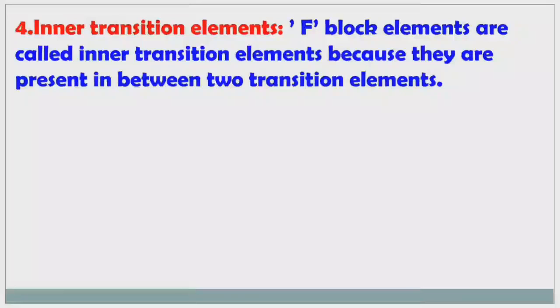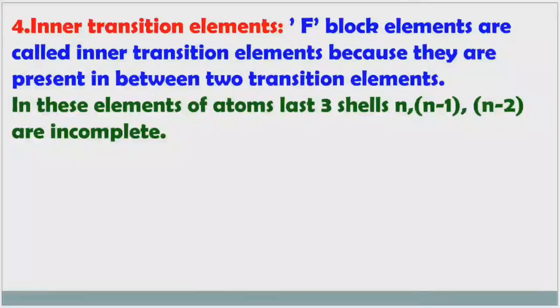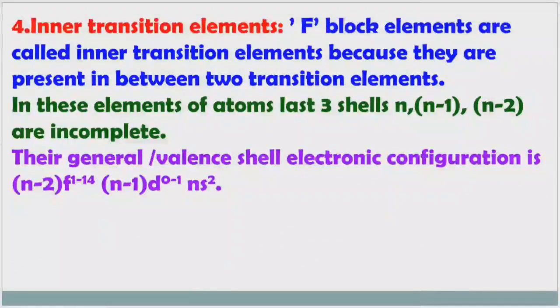In these atoms, the last three shells, nth, (n-1) and (n-2), are incompletely filled. Their general valence shell electronic configuration is (n-2)f1 to 14, (n-1)d0 to 1, ns2.